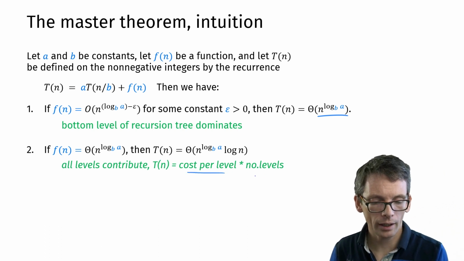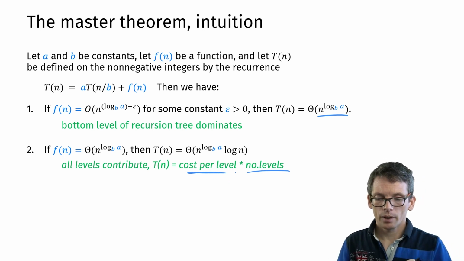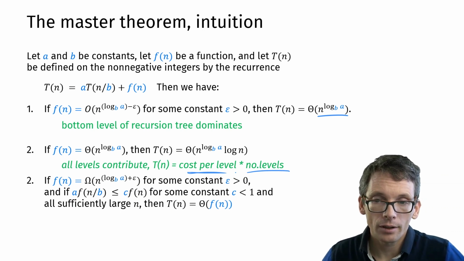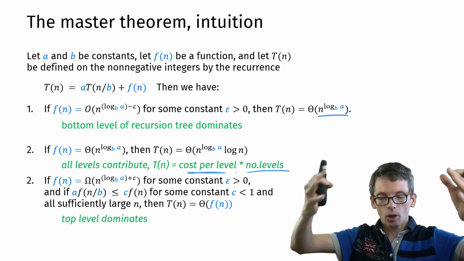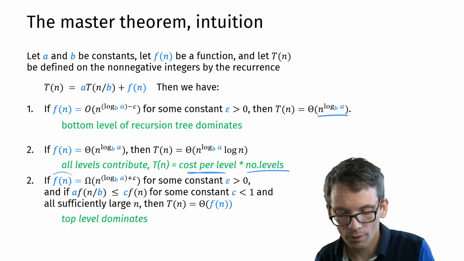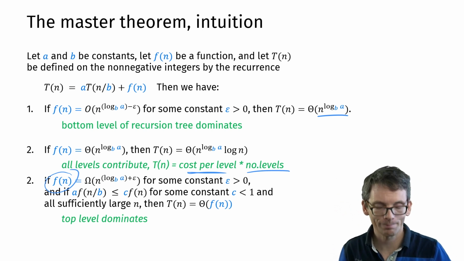That is log n times f of n, or times n to the log a base b. So here all levels contribute, and the final case was case 3, and there the top level dominates, and therefore at the top level we have f of n, which also determines what the running time is.